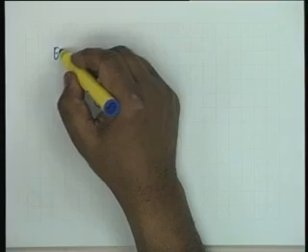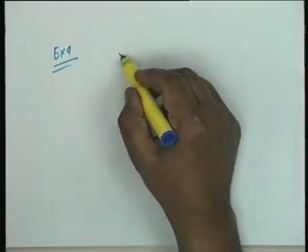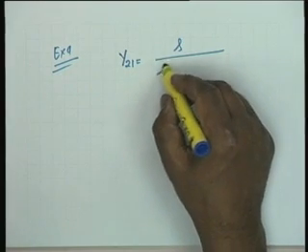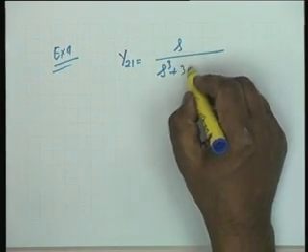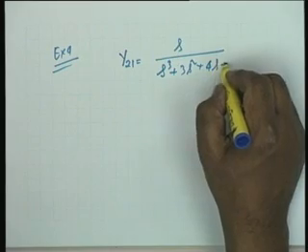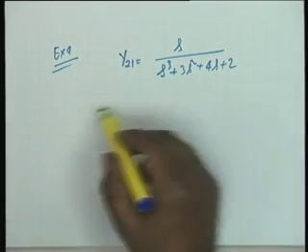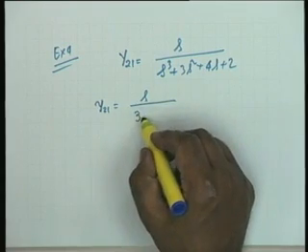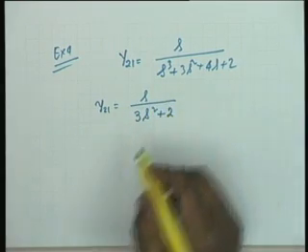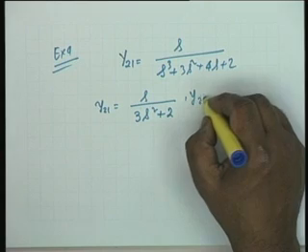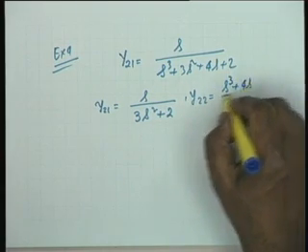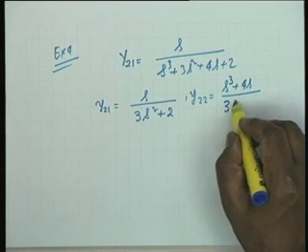Let us take another variation of this. Example 4. Suppose y21 is s divided by the same denominator, s cube plus 3s square plus 4s plus 2. Then my y21 shall be s divided by (3s square plus 2) and y22 shall be (s cubed plus 4s) divided by (3s square plus 2).